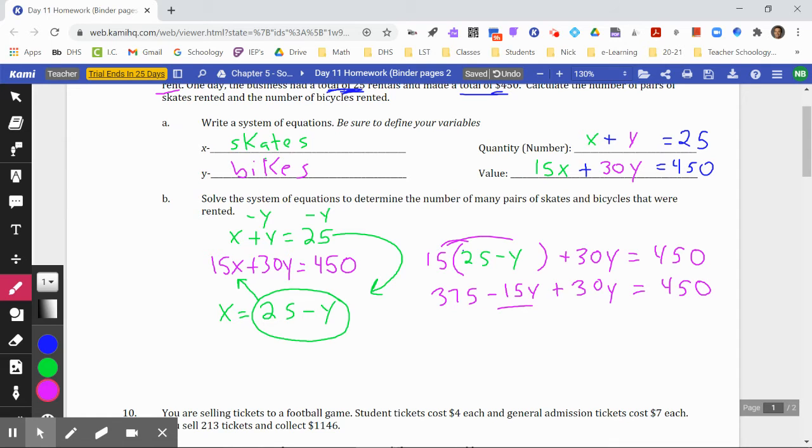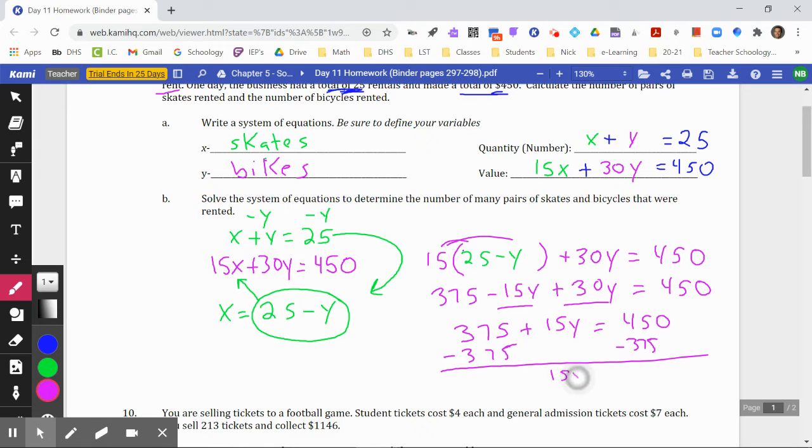We're going to combine some like terms there, so we get 375 plus 15Y is equal to 450. We're going to subtract 375 from both sides, and we get 15Y is equal to 75. And our last step is to divide by 15, and we get Y is equal to 5.